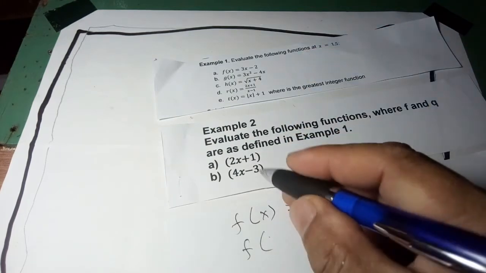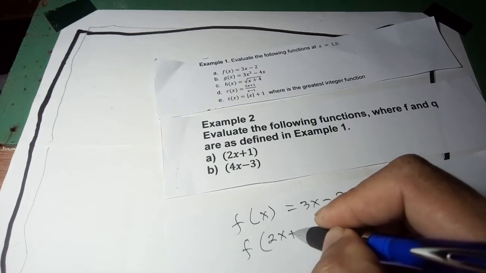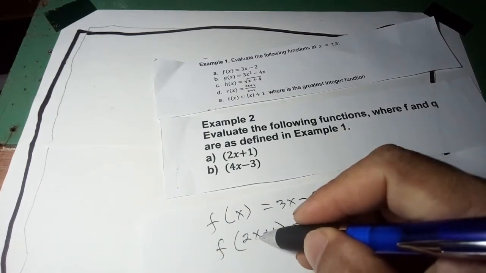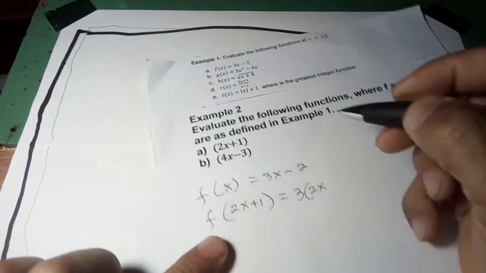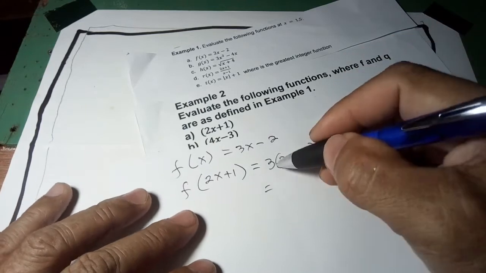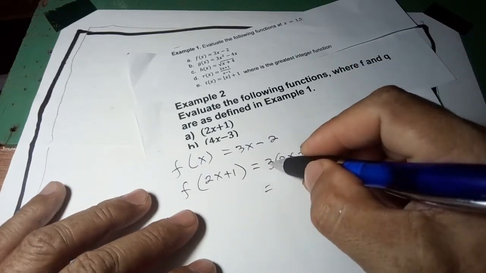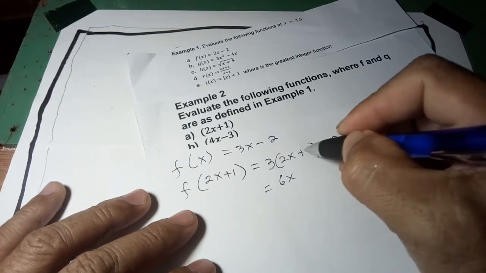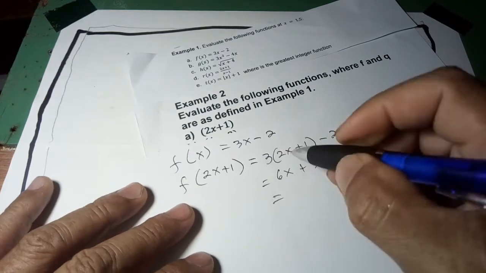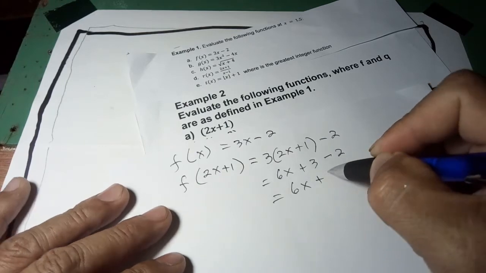So replace x with 2x plus 1. So it is equal to 3 times 2x plus 1 minus 2. So multiply, distribute. 3 times 2x is 6x plus 3 times 1 is 3 minus 2. So this becomes 6x plus 1.